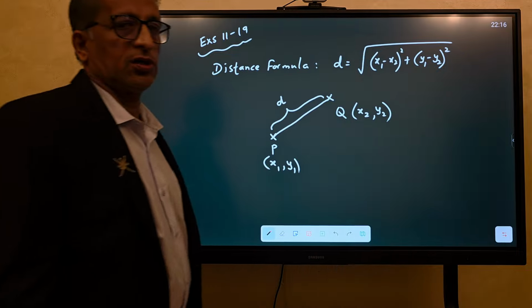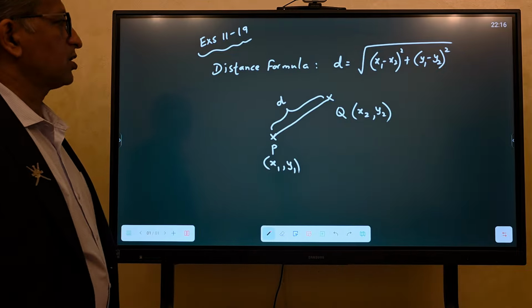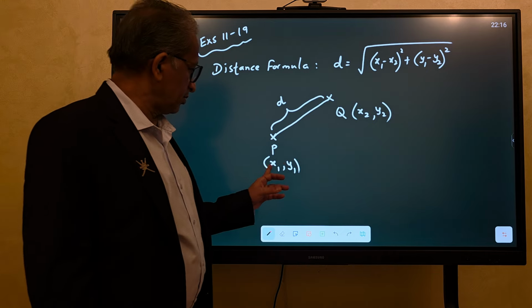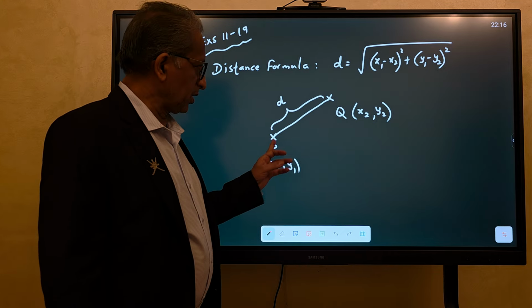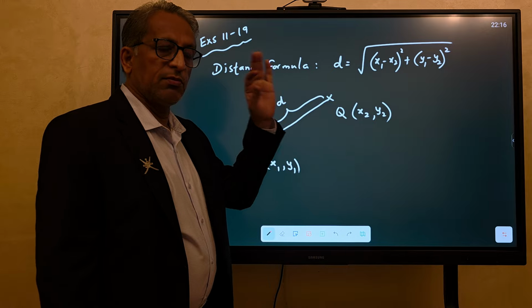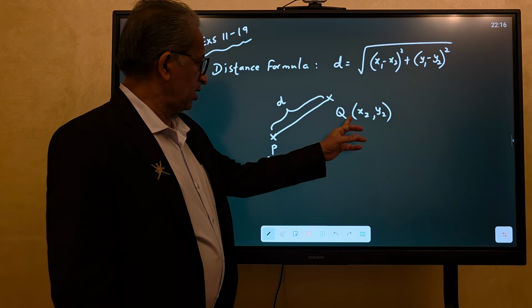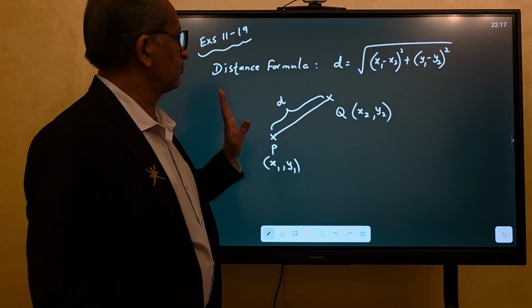This is the formula which gives you the distance between any 2 points. Please remember, the coordinates of the point P and the point Q must be given. That means x1, y1, x2, y2 must be given.